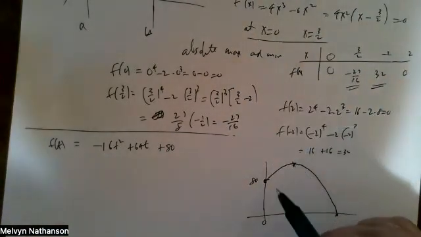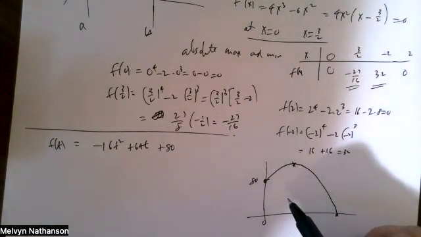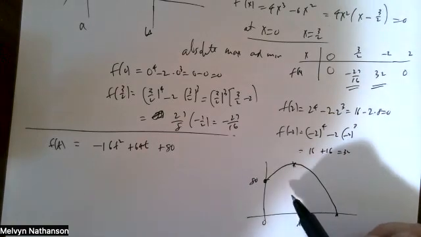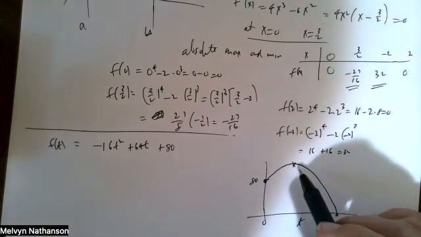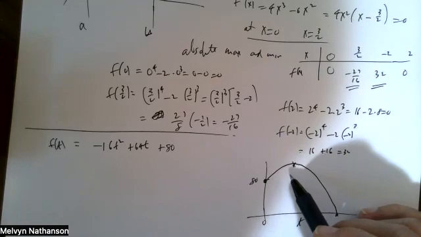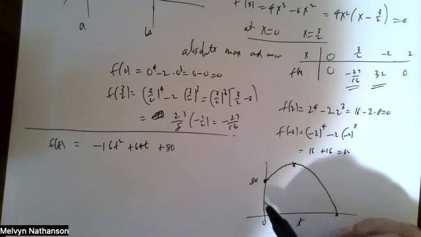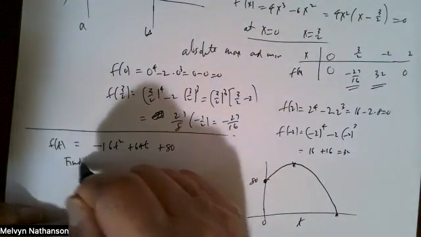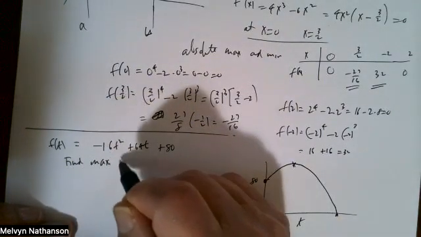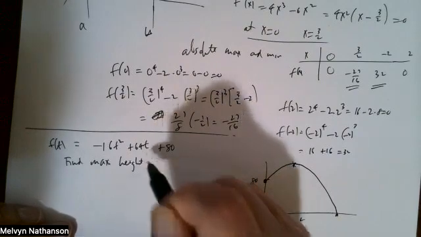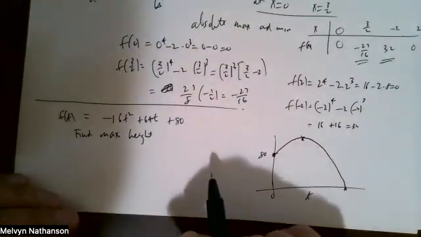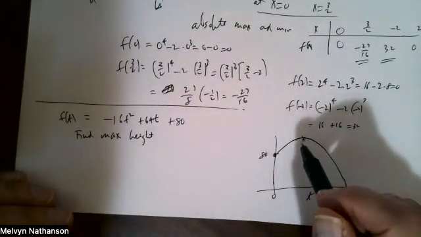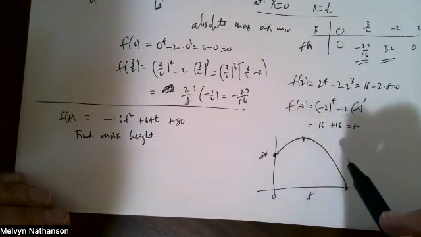There's a local maximum, or an absolute maximum, for the trajectory of this object that is thrown from the top of an 80-foot bridge. We want to find the maximum height of the stone. So we're looking for a maximum value of the function in this interval.